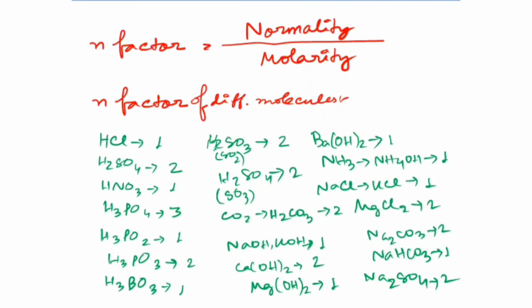And for group 16 elements you can understand why H2SO4 has n factor 2. If they give you SO3, take it as H2SO4 and its n factor will be 2. If CO2 or H2CO3 is given, the n factor is 2. NaOH, KOH 1, Ca(OH)2 2, Mg(OH)2 1, B(OH)3 1, NH3 or NH4OH 1, NaCl, KCl 1, MgCl2 2, Na2CO3 2, NaHCO3 1, Na2SO4 2.